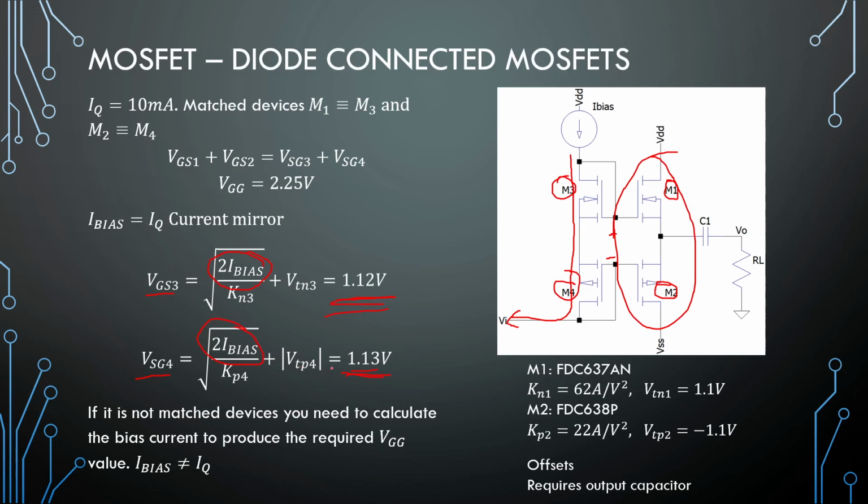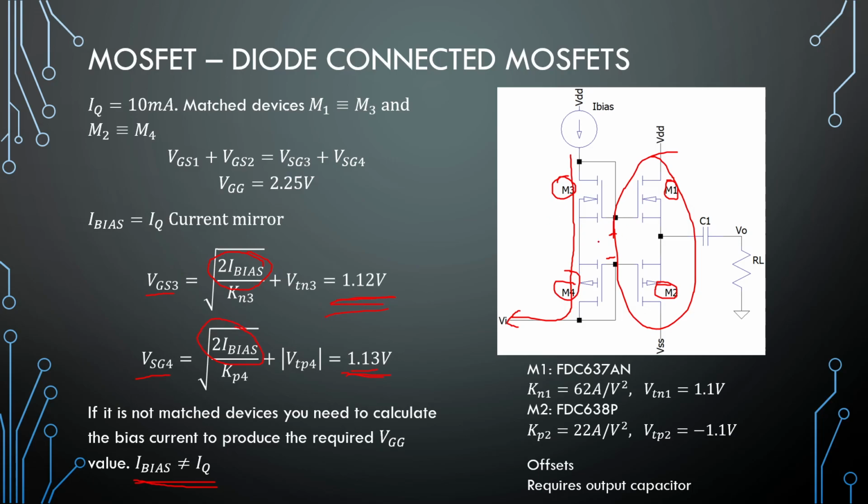Right, so it can become a bit more complicated if you use different MOSFETs here at the back. Okay, and in that case, your I bias and your IQ will not be the same.